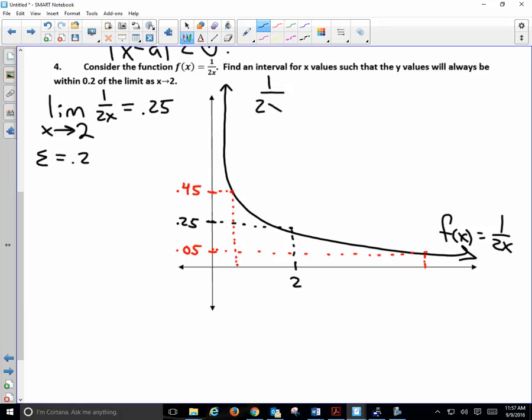Take 1 over 2x and set it equal to 0.45. So the algebra is pretty easy. How do I solve for that? Cross multiply, I get 0.9x, or 9/10 x is equal to 1. Multiply both sides by 10 over 9. I get x is equal to 10 over 9, or 1.11.